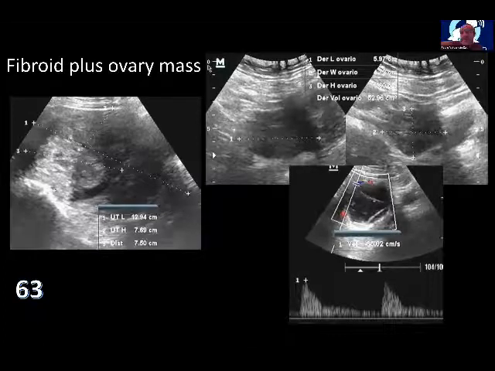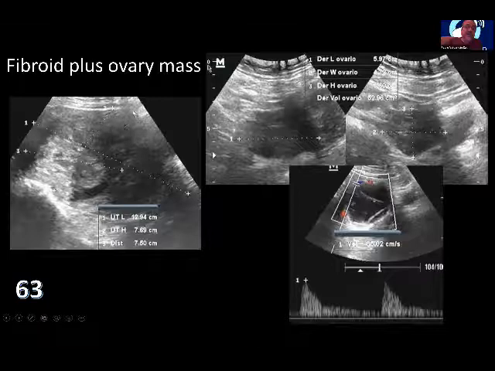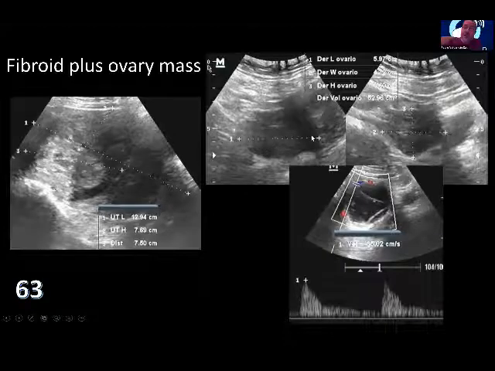And everybody has the right to have two diseases, two details, to have a big nose and big mouth: fibroids plus ovarian or annexal mass. Uterus is complex with bumps, and one of the ovaries is not that normal.